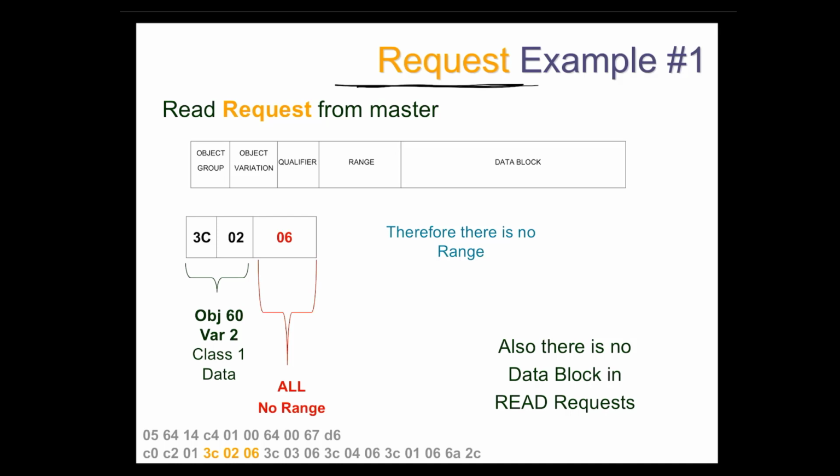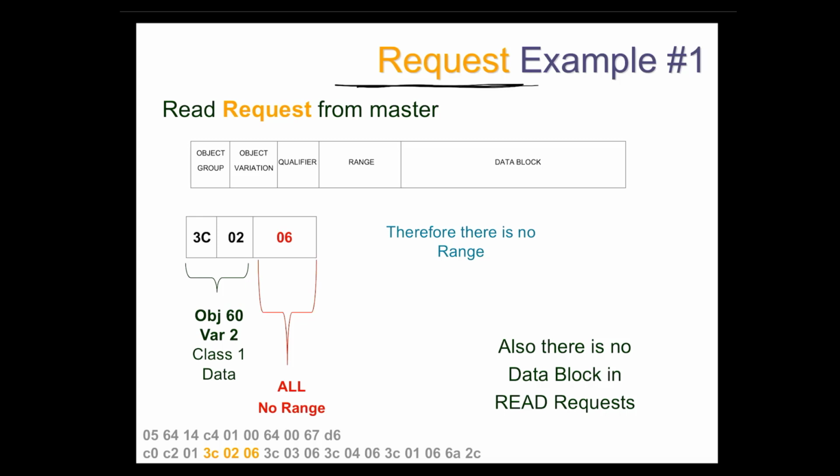Now a request is a message being sent out from the master to the outstation, requesting to either read, write, freeze, or take some kind of action upon an object. And it could be even action upon a device, like to restart it or reboot it and things like that.